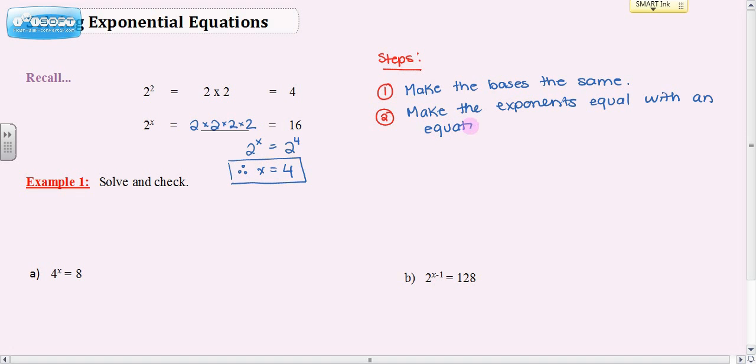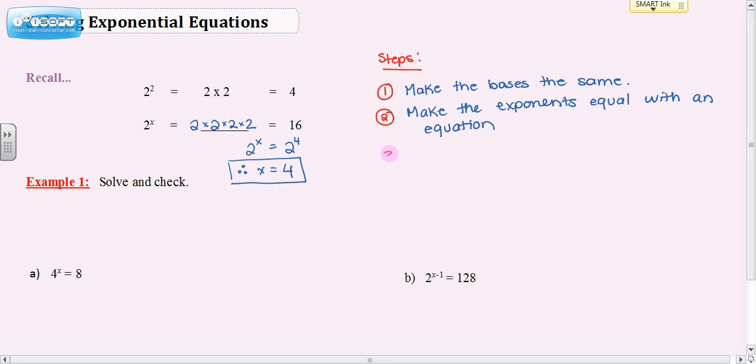Sometimes it's not going to be just as simple as an x and a 4. Sometimes you may have, as in our example later on, x minus 1. So we need to make the whole exponents equal to each other.